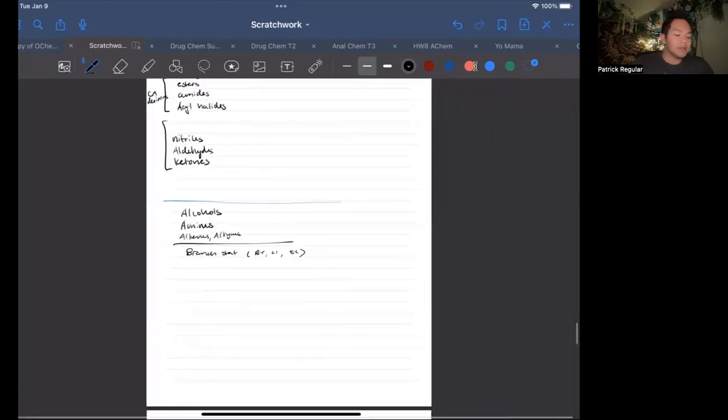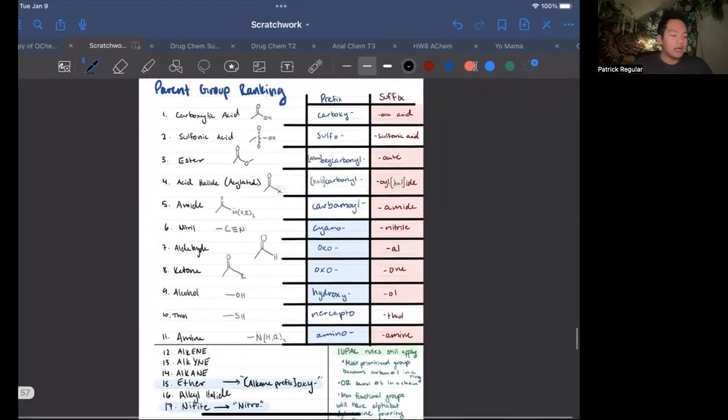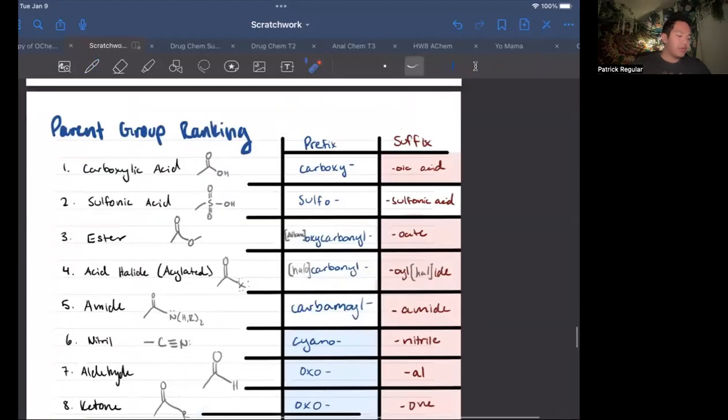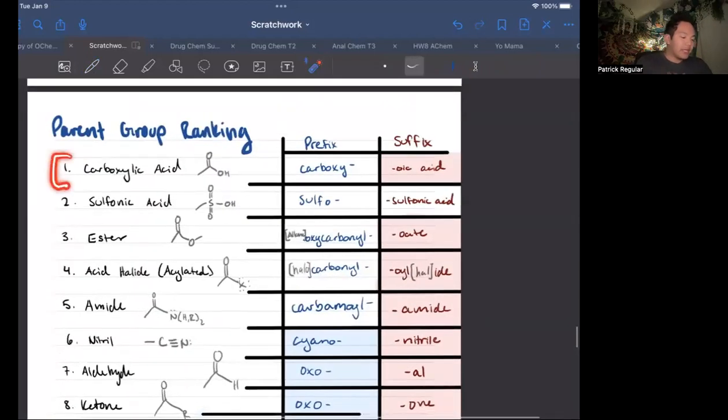So in my TA notes, I actually have a cohesive list of all of the parent chain, parent group ranking, and all of their respective prefixes and suffixes. Okay. Now I want to make note. Now that we've changed gears over here, look, we have our carboxylic acid at the very top. And let's ignore sulfonic acid right now because you're not going to be really naming that. Your esters, acyl halides, amides, they're all right afterwards.